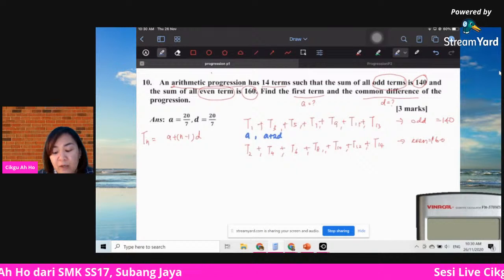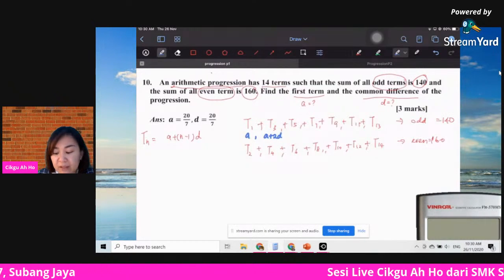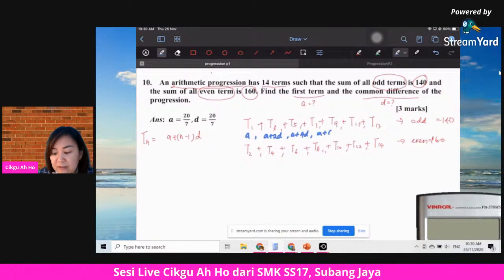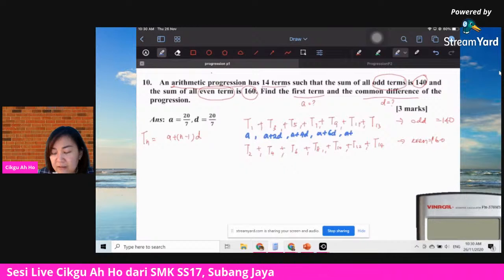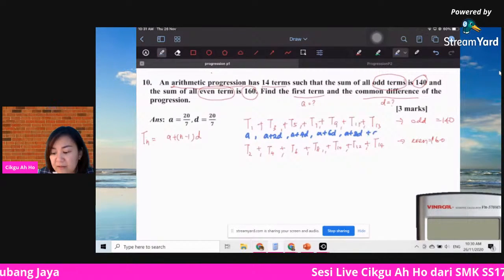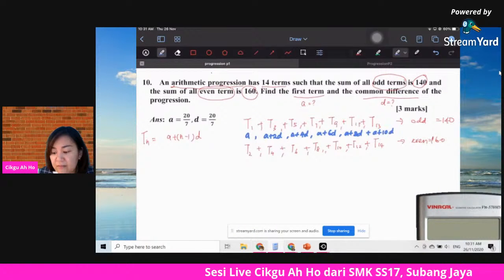Why 2D? Because 3 minus 1. Then A plus 4D, A plus 6D, A plus 8D, A plus 10D, A plus 12D.